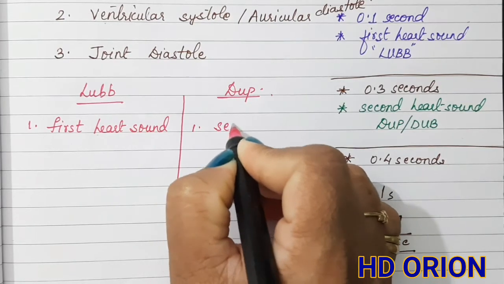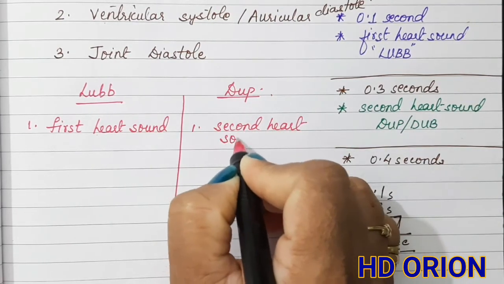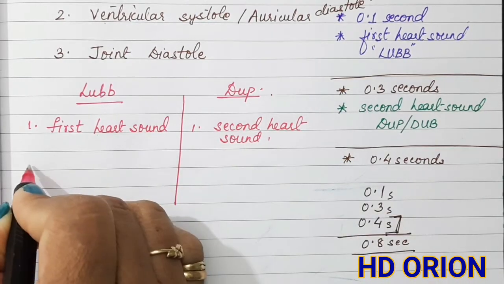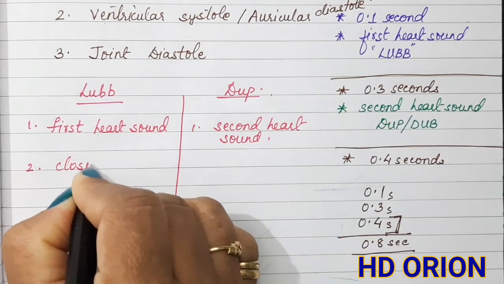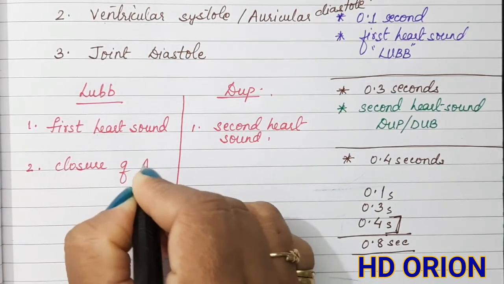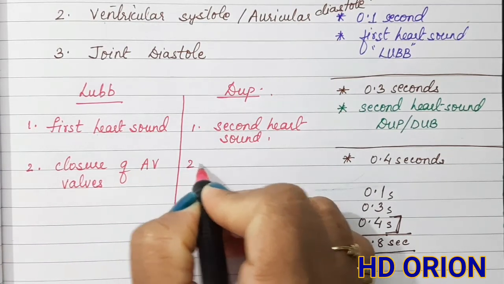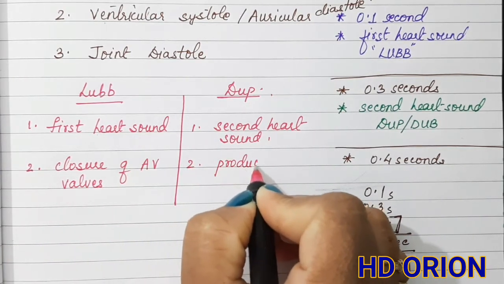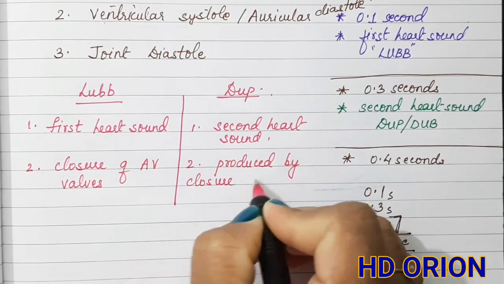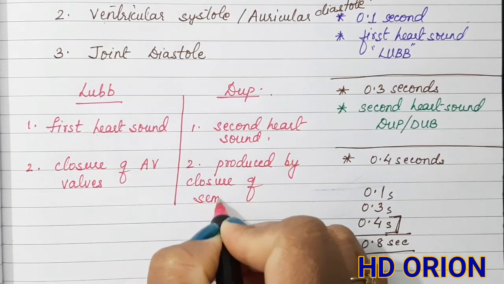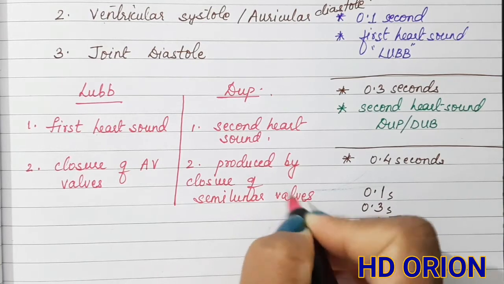This is the second heart sound. These are produced by the closure of AV valves. These are produced by closure of semilunar valves.